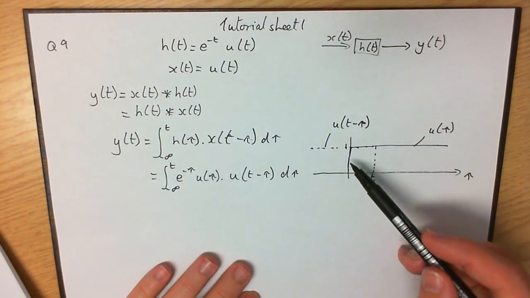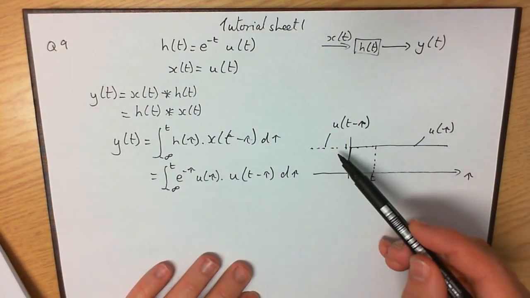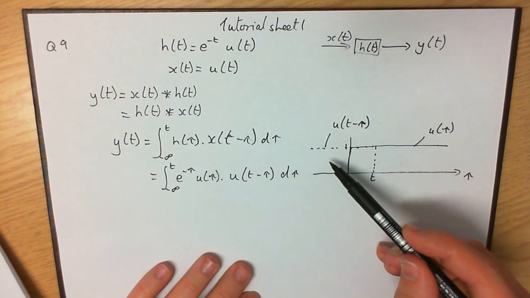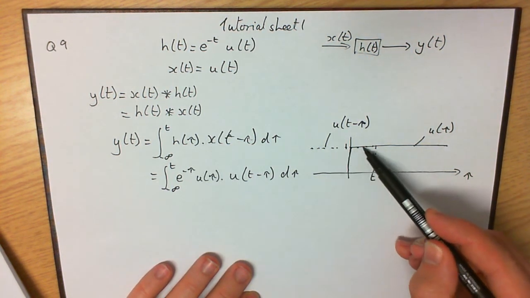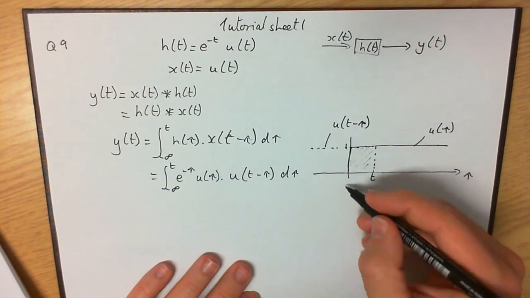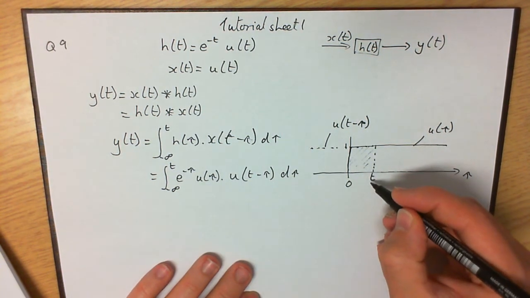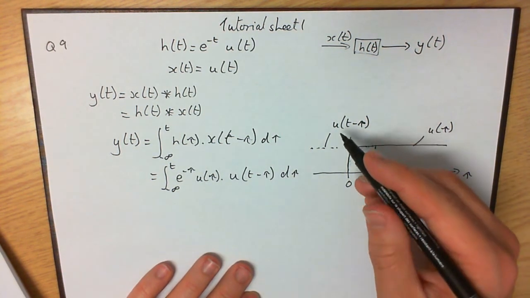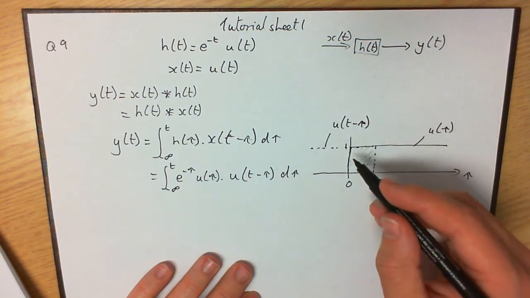So the only region in tau where this is anything other than 0, it's 0 here and it's 0 there, is in this region between 0 and t. And the value of that product of u of t minus tau and u of tau is just 1.